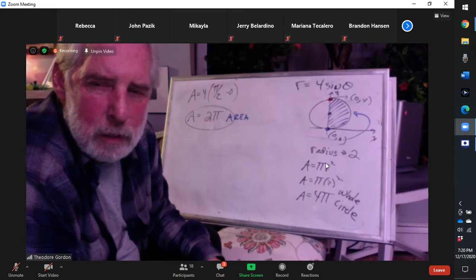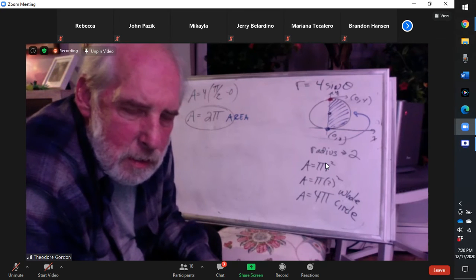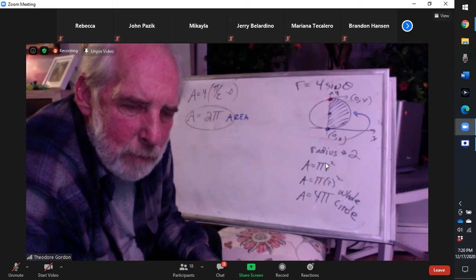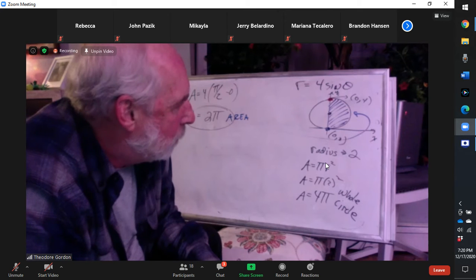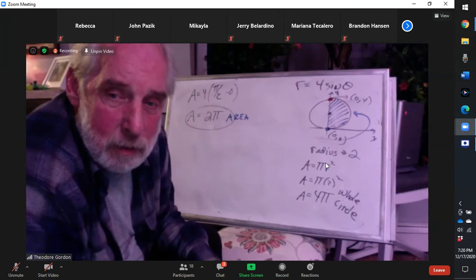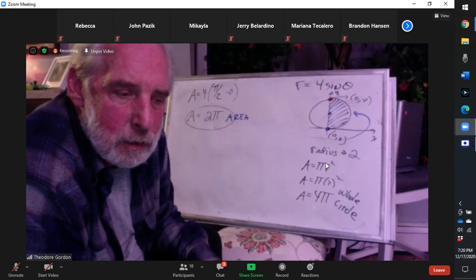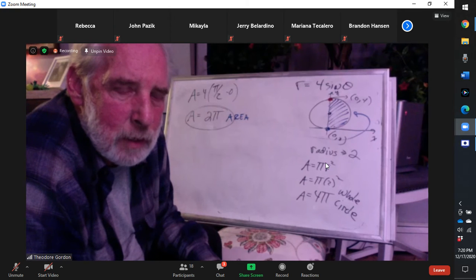I have a question. Yep, go ahead, Michaela. You know how sometimes when we're doing integrals, if there's a negative part, it's not going to give you the total area, because it's going to subtract that part? Do you want us to give you the area or the integral?